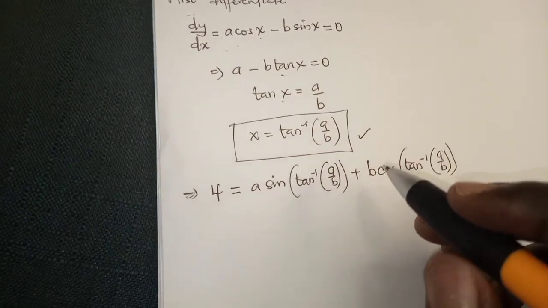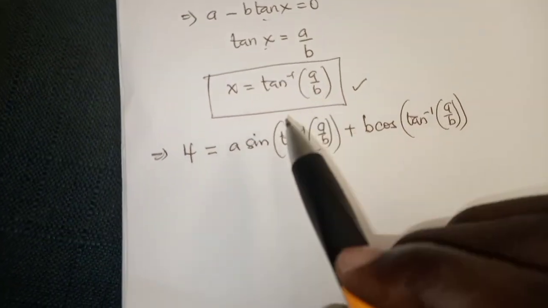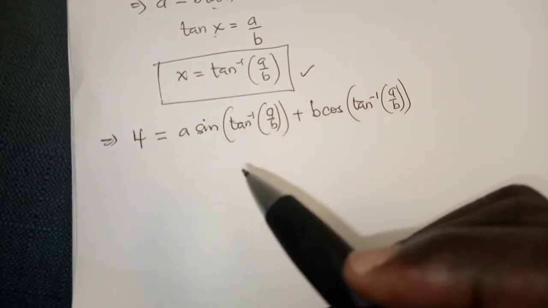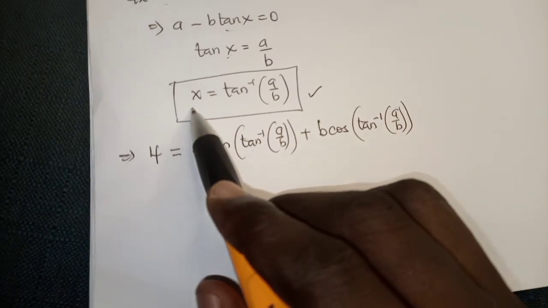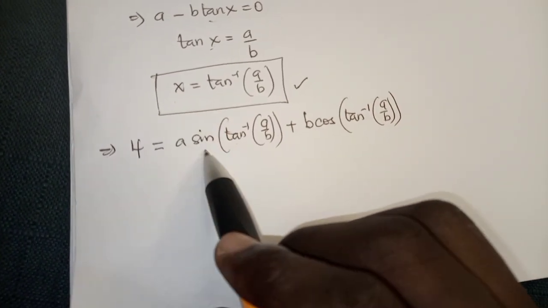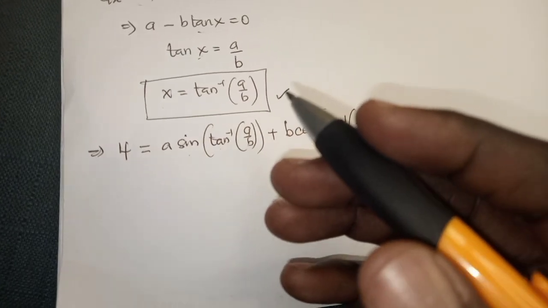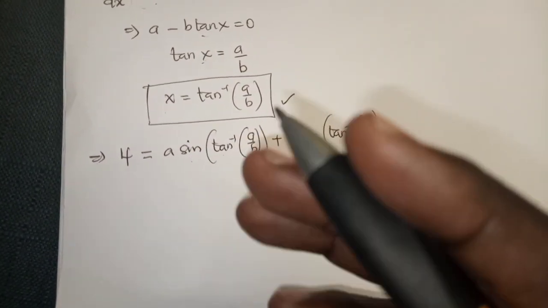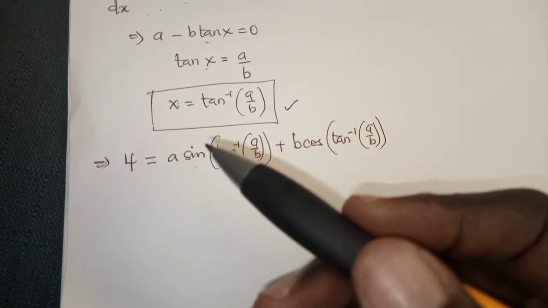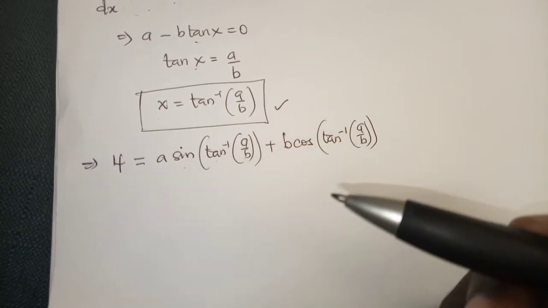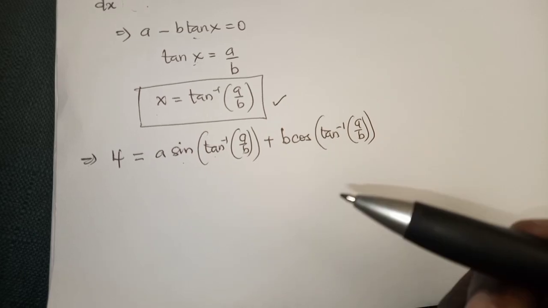Now we know that arctan of this will give us x, and sine of x should give us the ratio of the opposite on the hypotenuse, and cos will give us the ratio of the adjacent on the hypotenuse.